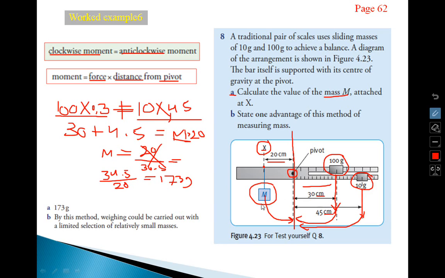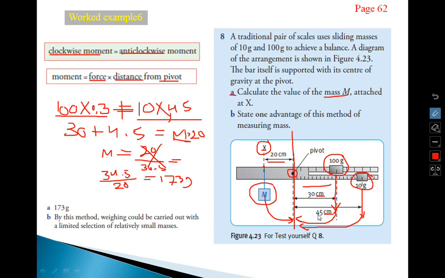And this one is anti-clockwise, so the summation of the clockwise, which is 100 times 30 plus 10 times 45 centimeter or 0.45 meter, is equal to 34.5, equal to M times 20. So M is equal to what? 173 grams, which makes the scale balanced.